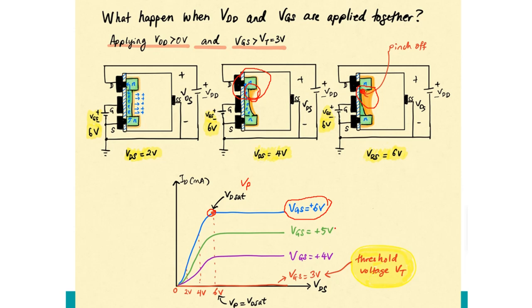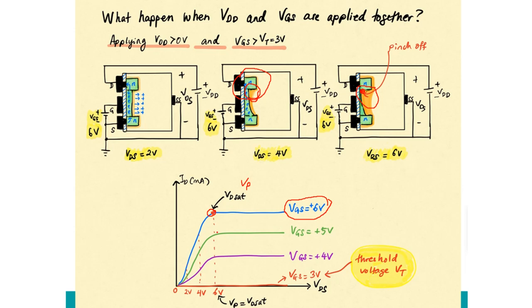Then, if VGS is decreased to positive 5, the depletion region will develop very fast compared to VGS equal to 6 volt.